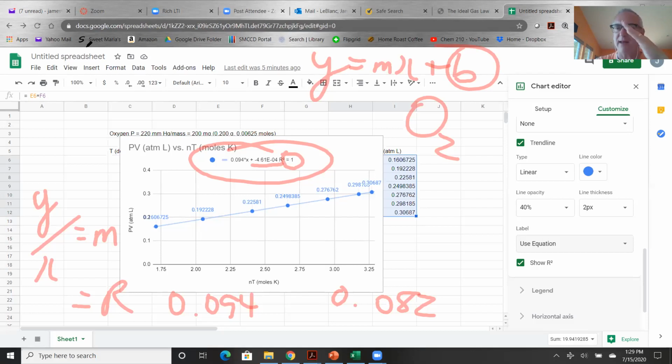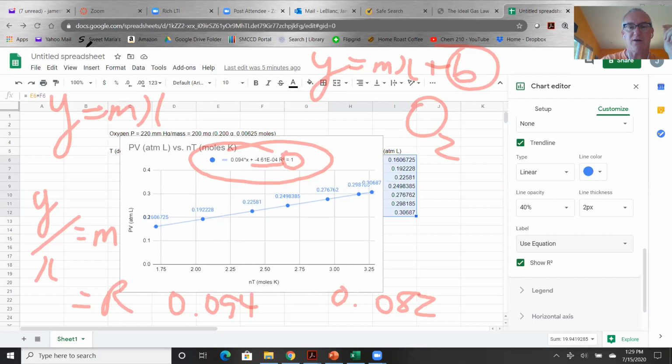I'll put it this way. If you had a perfect line that went right through 0, B is the y-intercept. There you go. So if you had a perfect line that went right through 0, the line would just be y equals mx. But if it doesn't go through 0, it goes through the y-axis at some point that isn't 0, either above 0 or below 0.